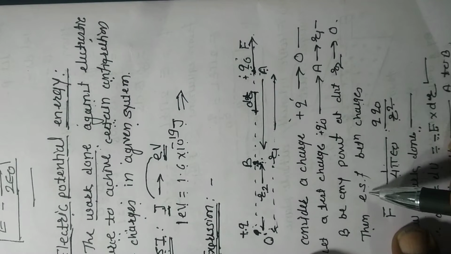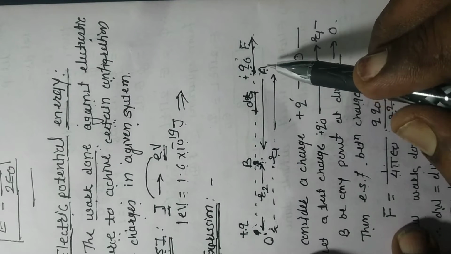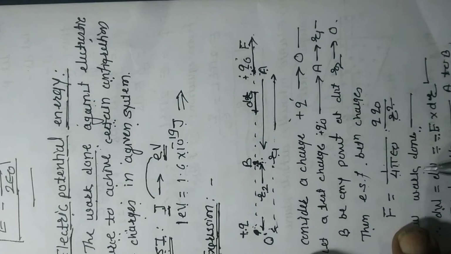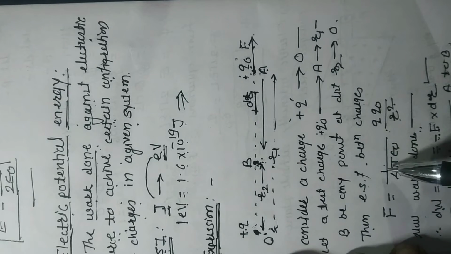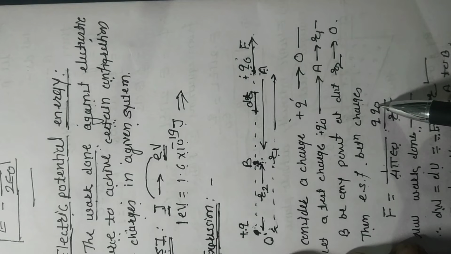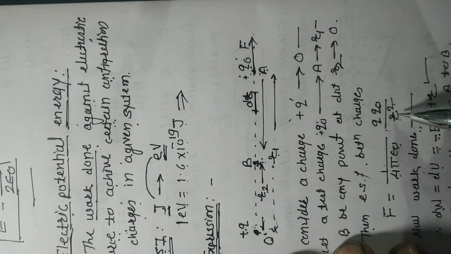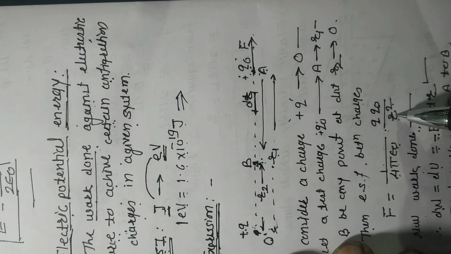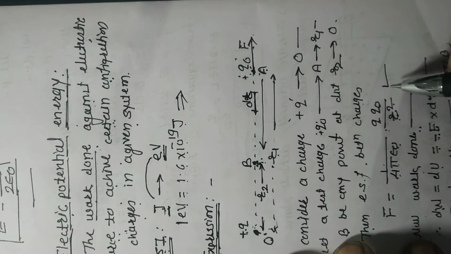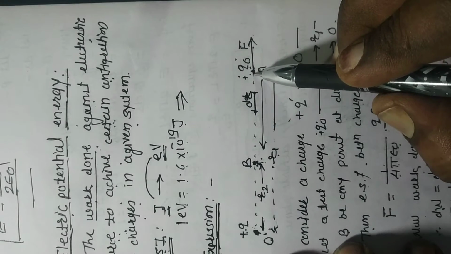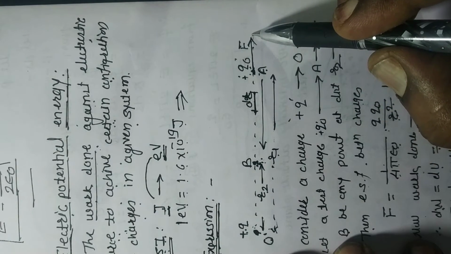Then the electrostatic force between the two charges Q and Q naught is 1 divided by 4 pi epsilon naught into the product of magnitudes of the two charges divided by the square of the distance between them. This is the force. This force is directed away from the charge.